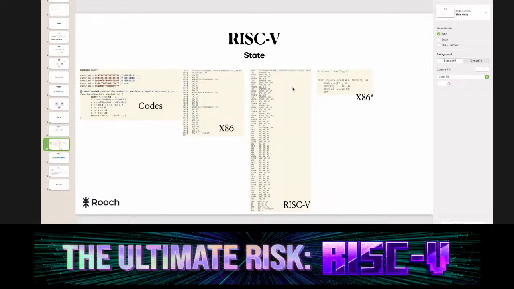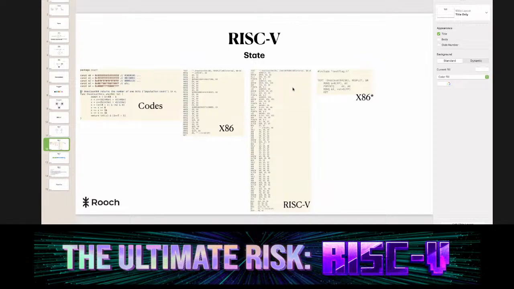In the first figure, it's a function. It's very simple. It just wants to give the count of the one bits in a bit vector, and it's the raw code in Go.